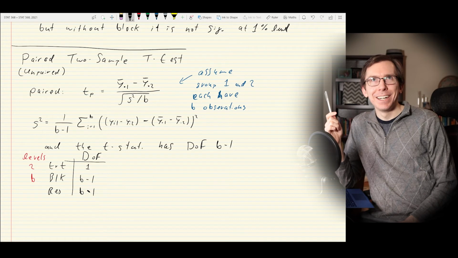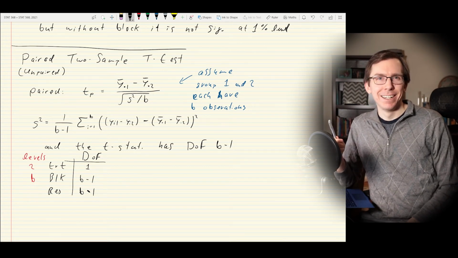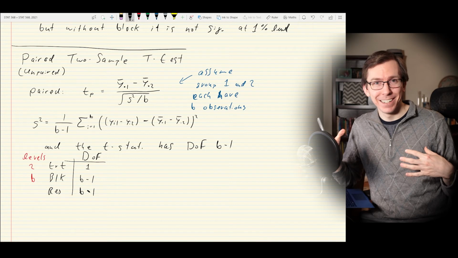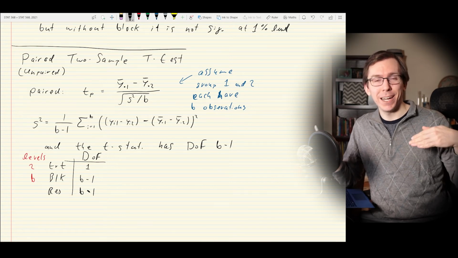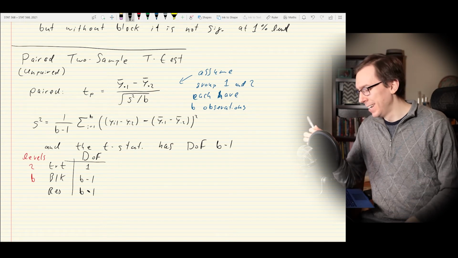And you probably saw this before, if you took the undergrad regression class with me: a t-statistic is actually just an f-statistic in disguise. If you square a t-statistic, you get an f-statistic.